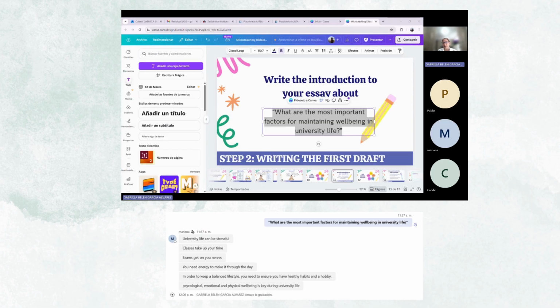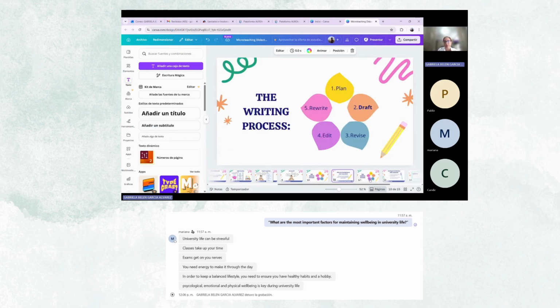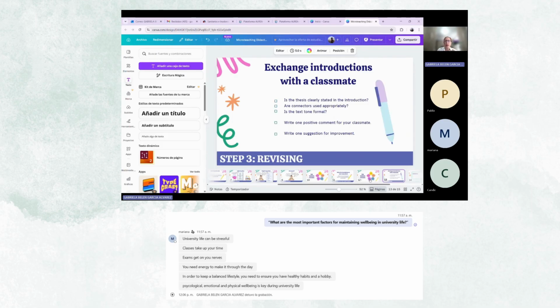Perfect. That last sentence you wrote, I would place it before the sentence, in order to keep a balanced lifestyle, you need to ensure you have healthy habits and a hobby. And that would be a first draft of the introduction. Now we are going to go back to the slides, and in your houses, you will revise that introduction written in the chat, and you will check if the introduction has the thesis clearly stated.